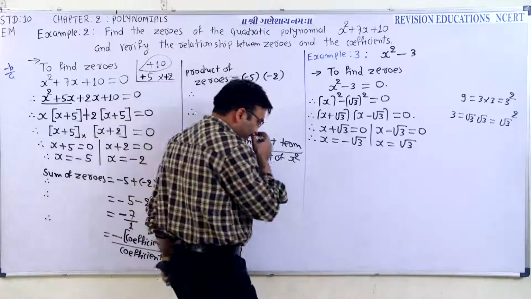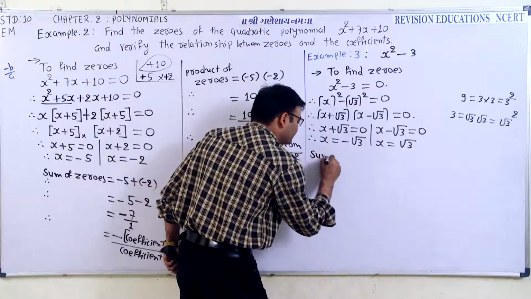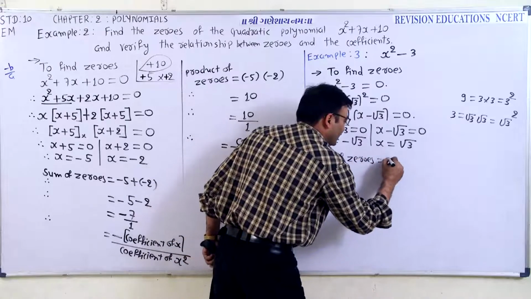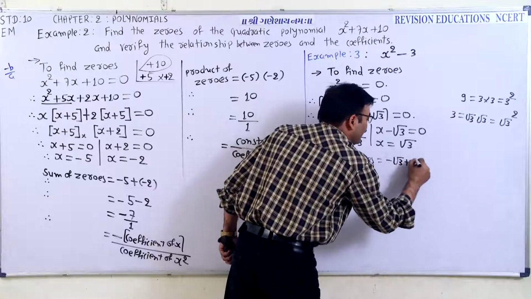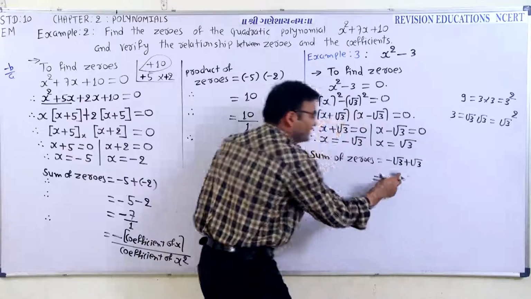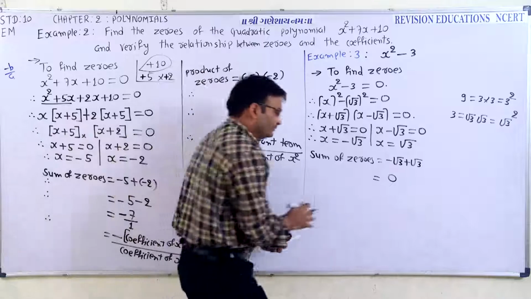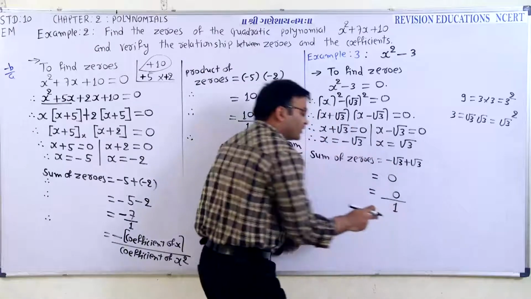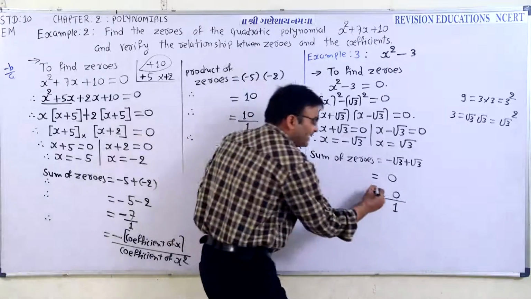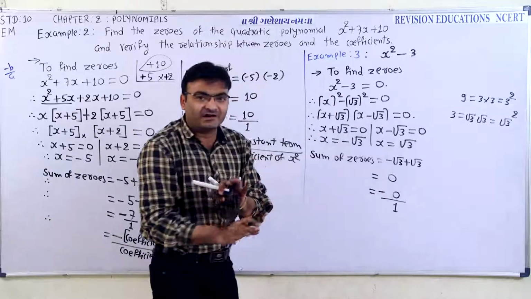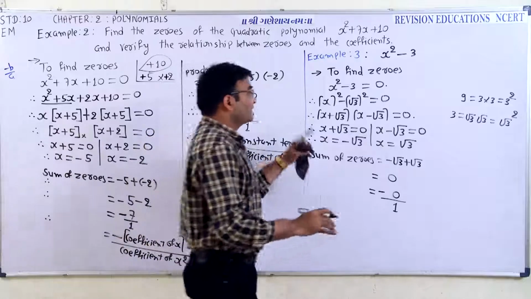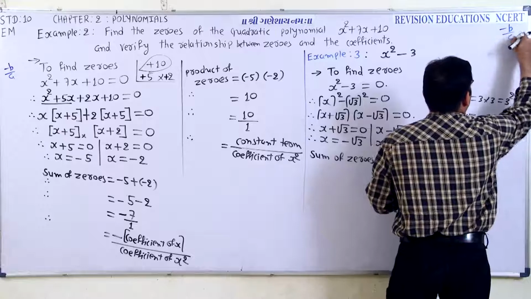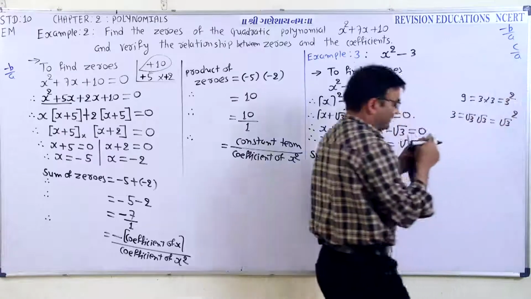Now, sum of zeros is equal to minus √3 plus √3. It will be 0. Now, here is 0. So we write here 0 upon 1. अब दूसरा फैक्ट, हम 0 के आगे माइनस करेंगे या प्लस करेंगे कोई फर्क पड़ने वाला नहीं है. बट सम ऑफ जीरो का फार्मूला है माइनस b बाय a एंड प्रोडक्ट ऑफ जीरो का फार्मूला है c बाय a.